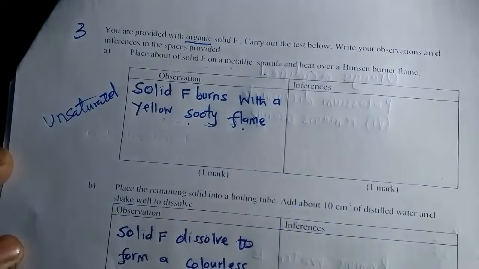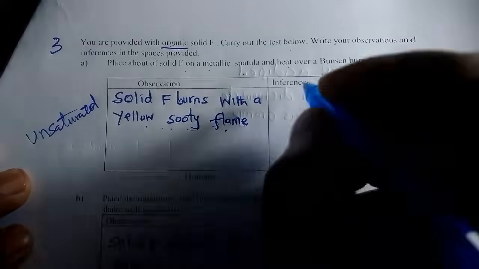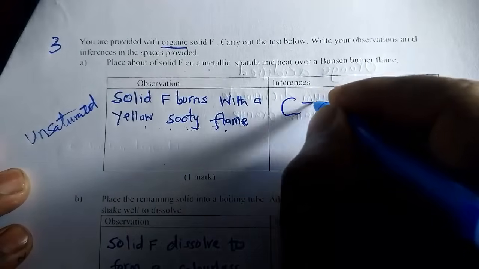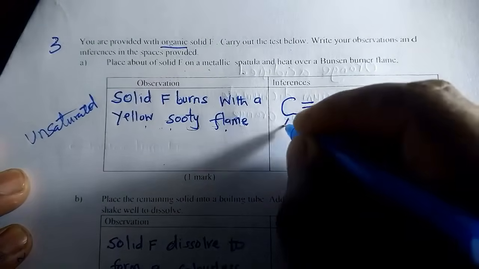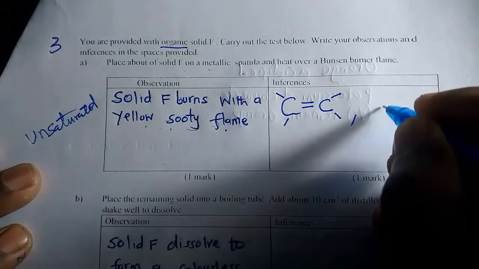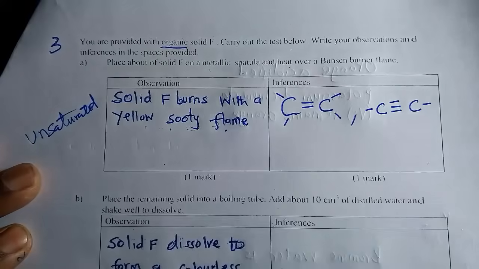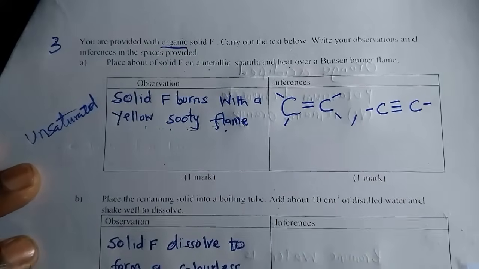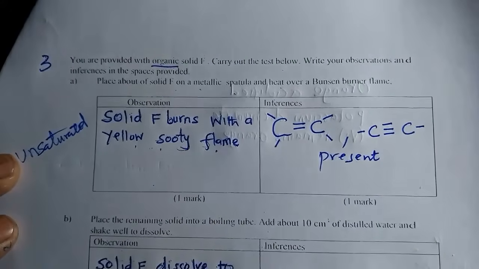If it is unsaturated, you don't write unsaturated here. You give us the functional groups of compounds which are unsaturated, and we have 2 of them. The double bond. Make sure each carbon is surrounded with 4 covalent bonds, comma, triple bond. Put another here to make sure that each carbon is surrounded with 4 bonds. I saw some students being confused.